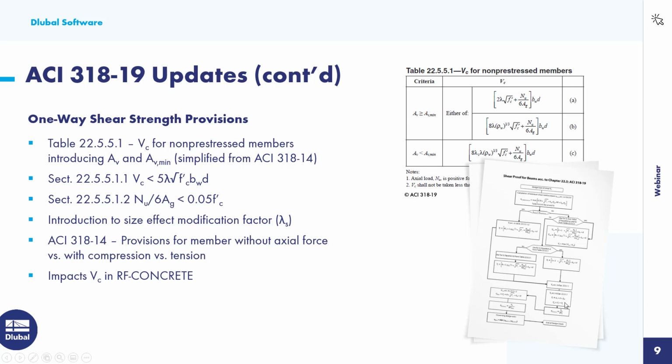I took a little snapshot here over on the right-hand side, just showing a workflow that's essentially going on underneath the hood of how we are calculating the Vc value. This isn't a complete workflow, it's just a nice snapshot, but it goes to show you all the different scenarios that we have to take into consideration now.